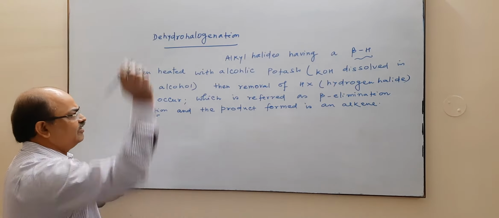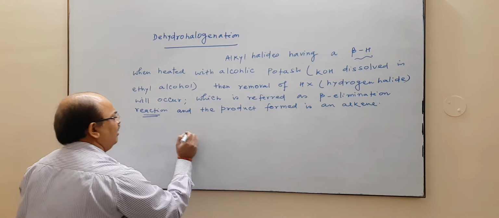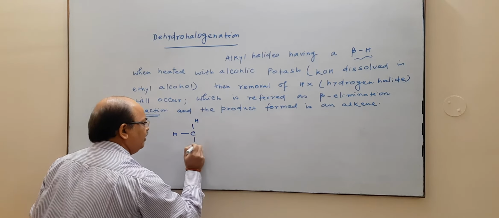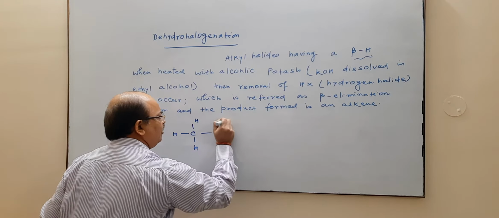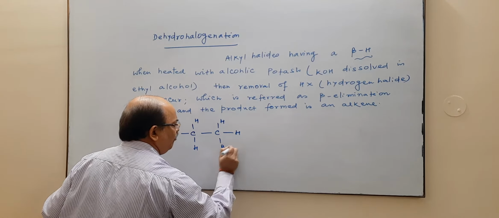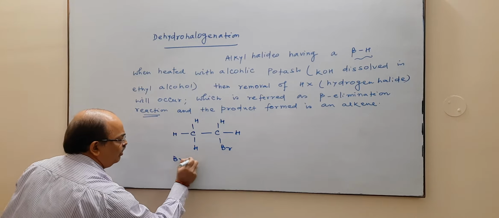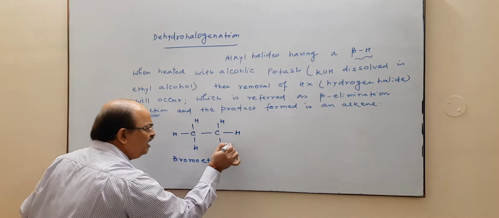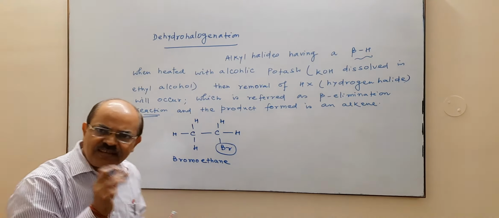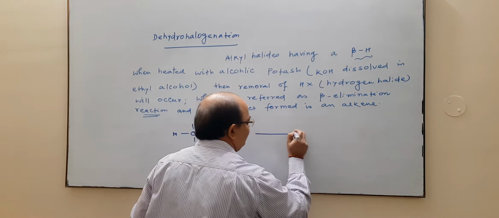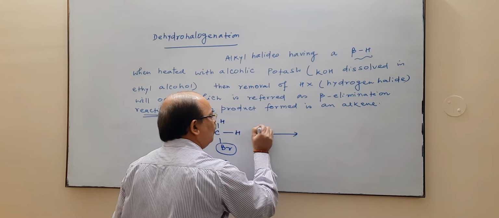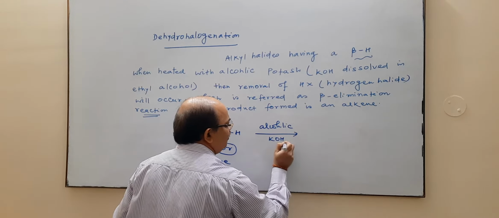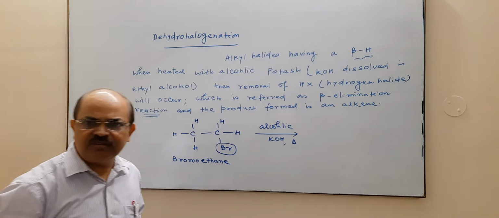Now, for example, if we write an alkyl halide of the chain CH3CH2Br, this is bromoethane. Now this bromine is a halogen. When it is heated with alcoholic KOH, delta stands for heat.